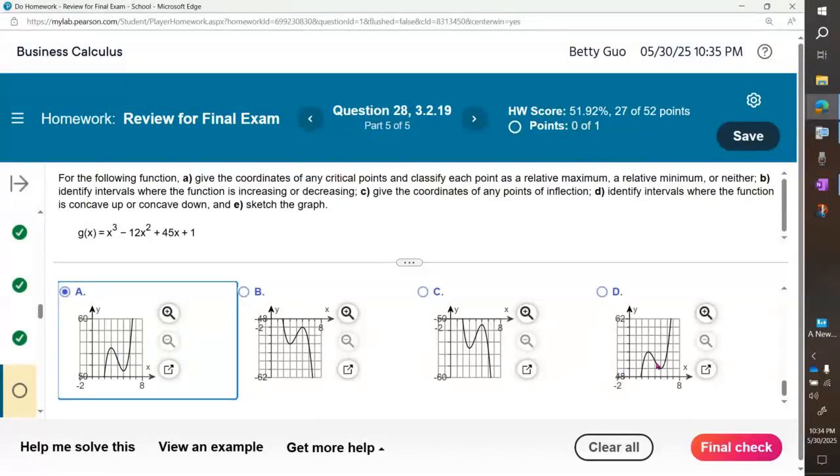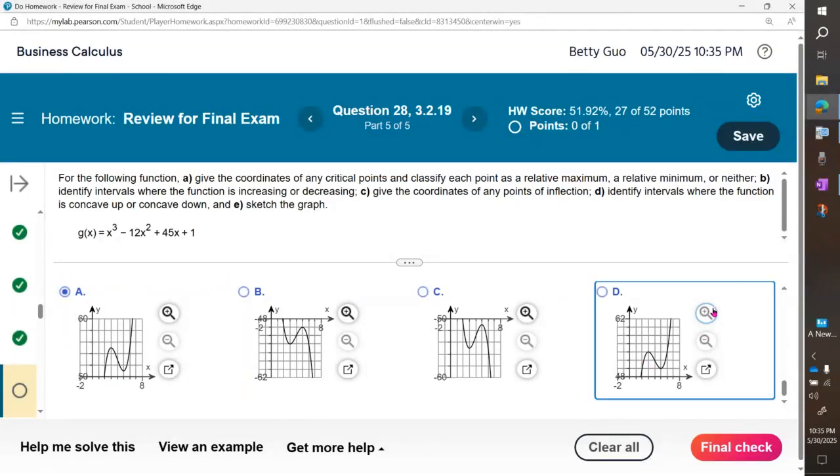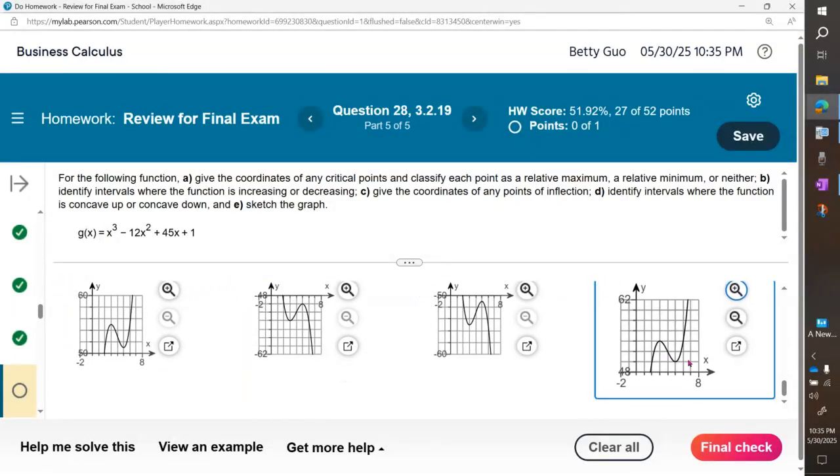And this one, this is 48, and that is 62. 50, 2, 4, 6, 8, 10.